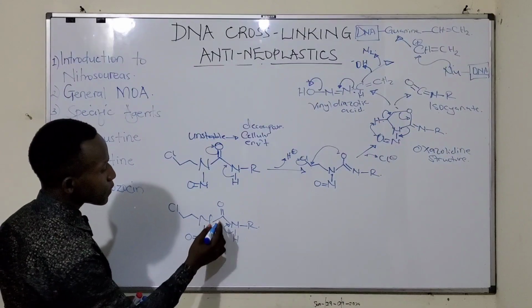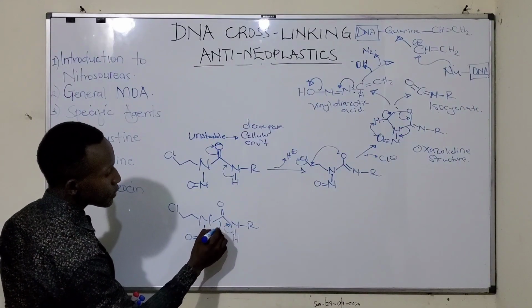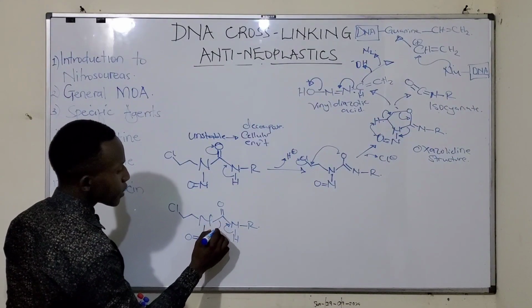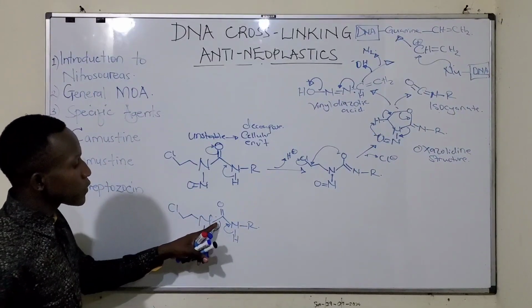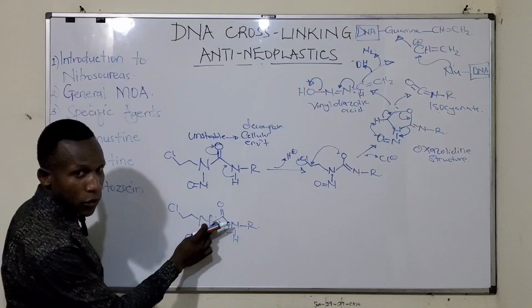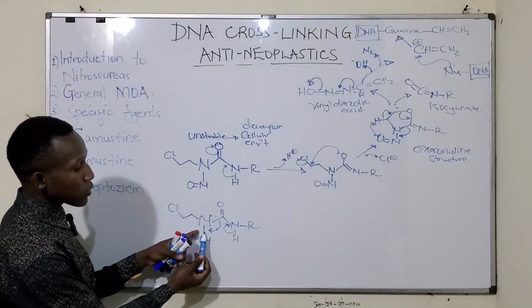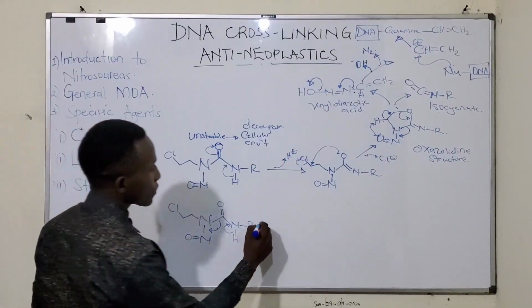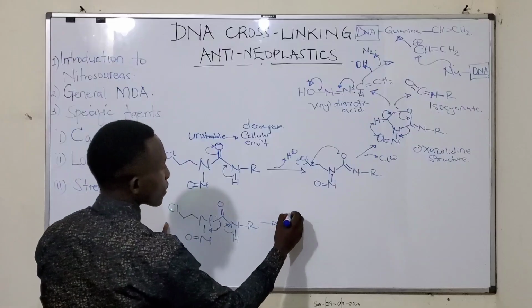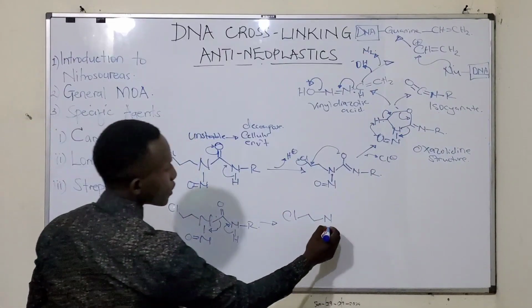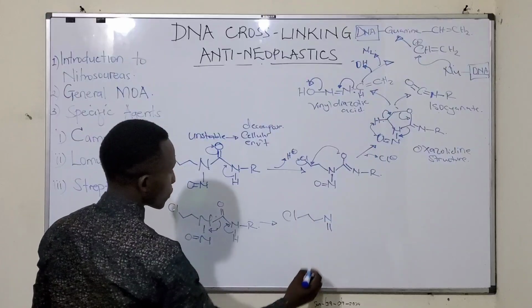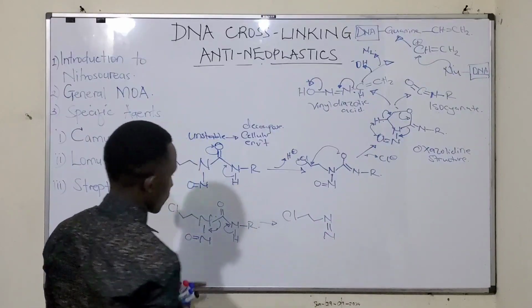When you form the double bond, this group can break, giving the bond pairs of electrons to this bond, to form the double bond. So we shall have this. Here we have formed the double bond with this N.